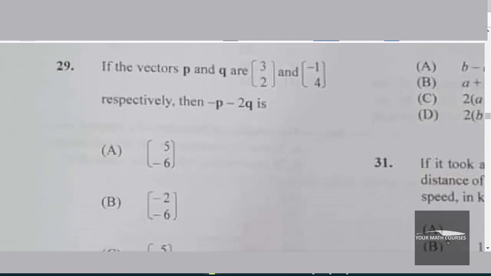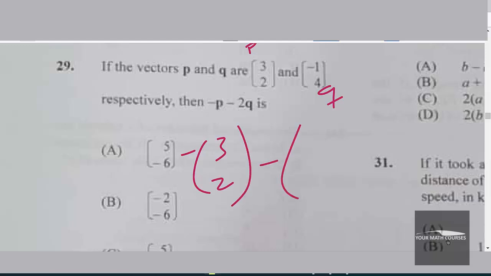Number 29. If the vectors P and Q are 3, 2 and negative 1, 4 respectively, then negative P minus 2Q. So let's substitute. This is P and this is Q. So negative P will be negative of 3, 2, then minus 2, then the Q is negative 1, 4.